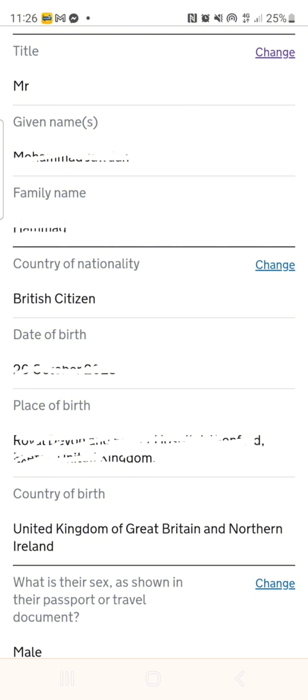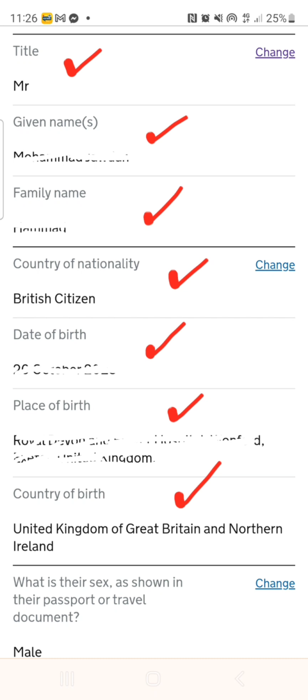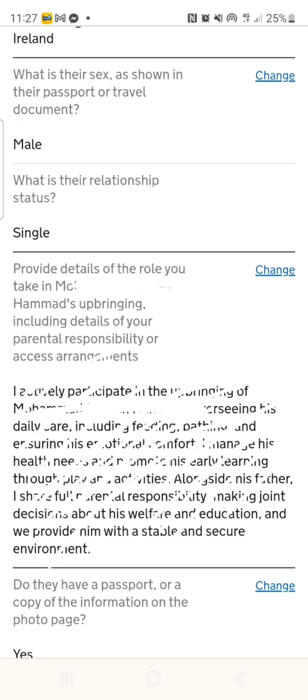So, details of the children: names, family names, country of nationality, citizenship, date of birth, place of birth, country of birth, United Kingdom of Great Britain and Northern Ireland, and child gender male. What is their relationship status? Single.